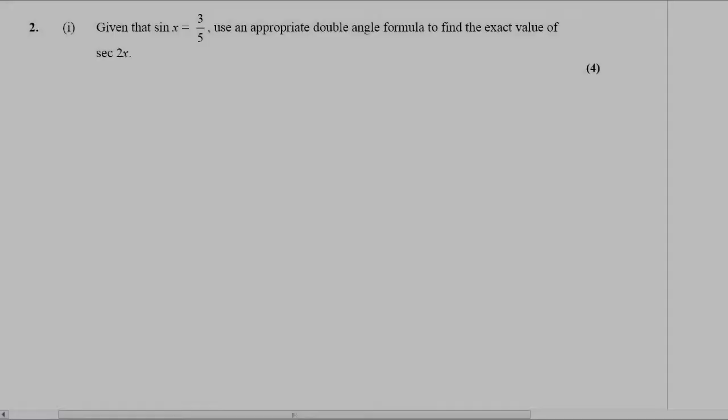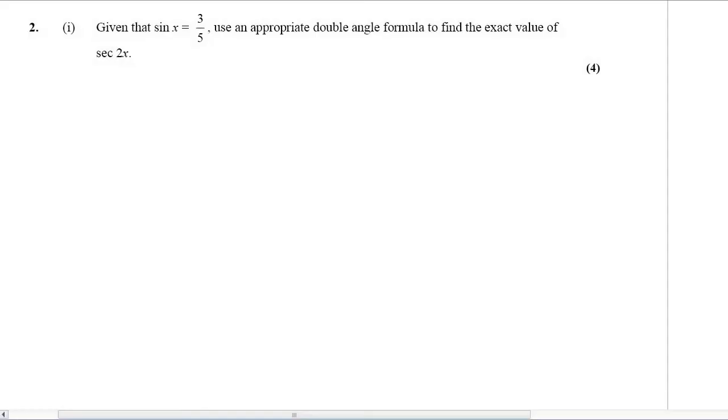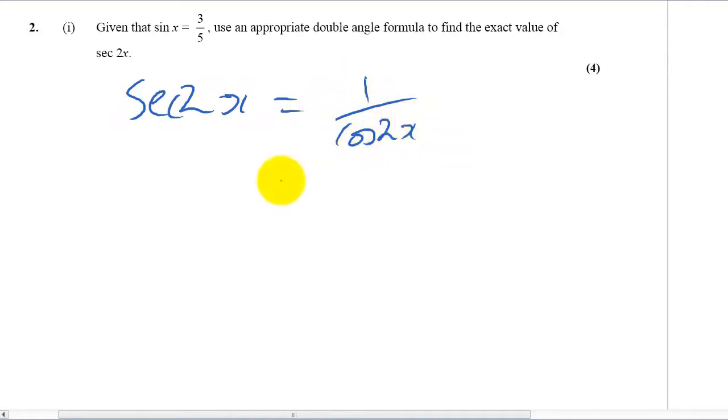Now, in the second question in this test, given that sine x equals 3/5, use the appropriate double angle formula to find the exact value of sec 2x. So let's start off writing out what sec 2x is. Sec 2x is equal to 1 over cos 2x. Now we have a double angle formula.